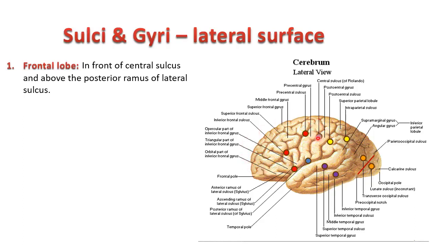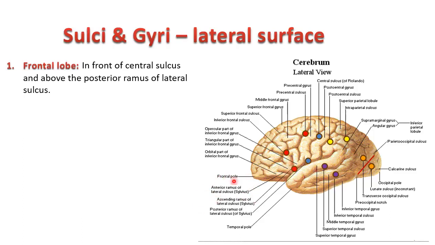Not only anterior to the central sulcus but also above the posterior ramus of the lateral sulcus. This is the stem of the lateral sulcus, which divides into the posterior ramus, which is the long one, and then the anterior horizontal and anterior ascending rami.